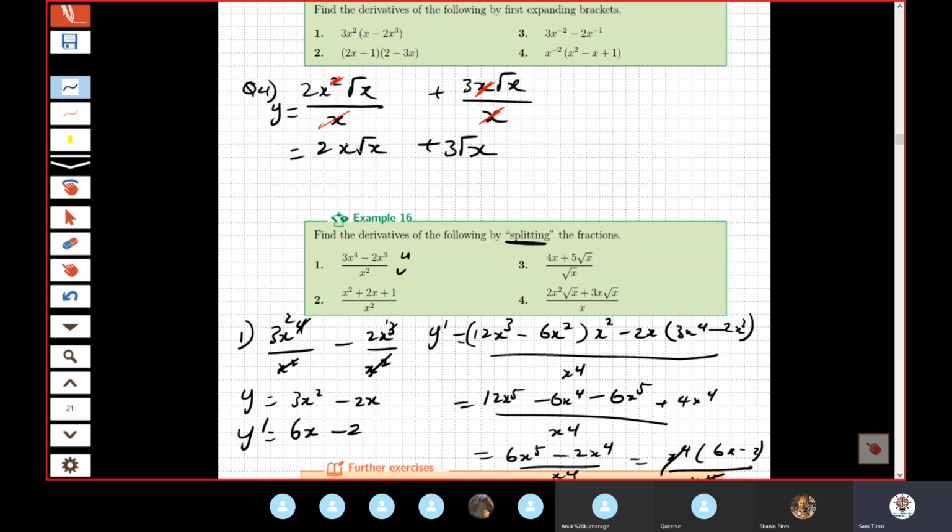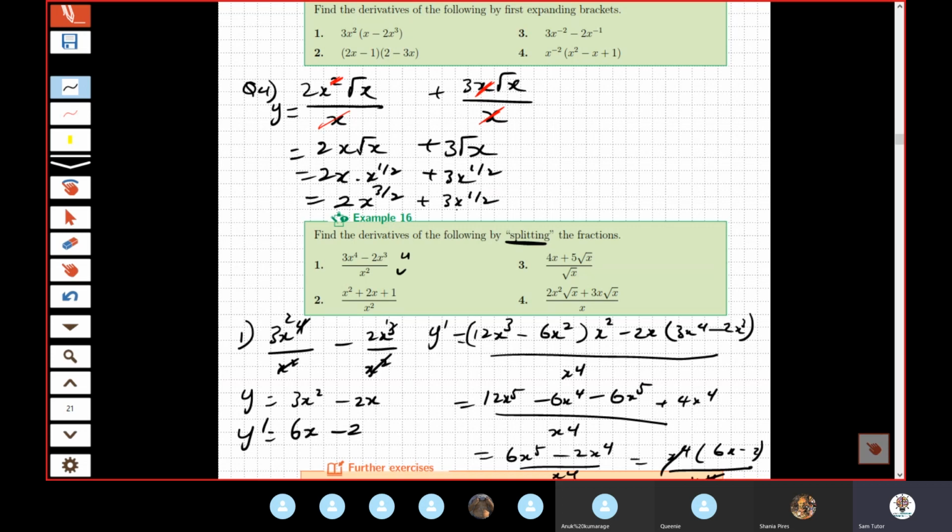Can you see that in this case, and it's not every case, it's just this one because it's an x root x, that I can write that as x times x to the power of a half? And what can you do when your bases are the same? You can add your powers.